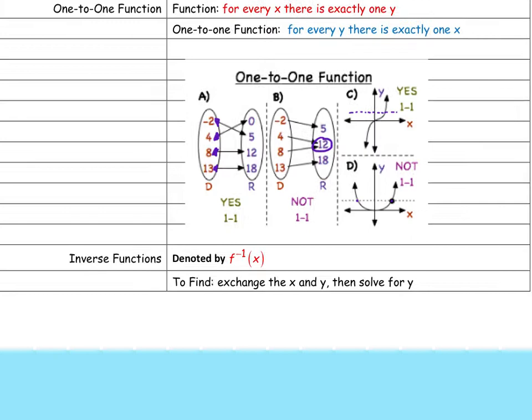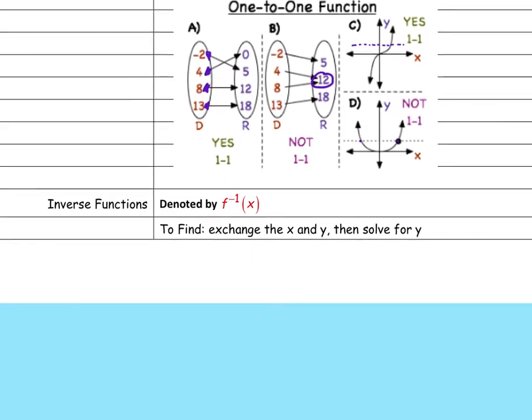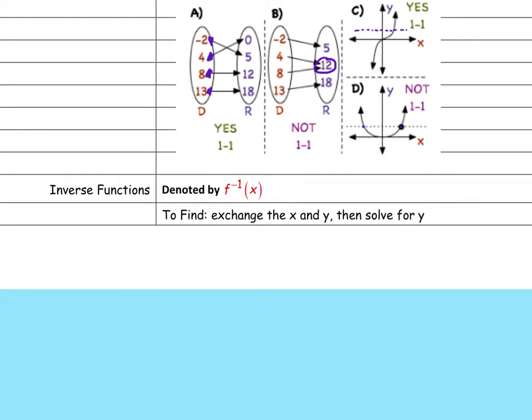So inverse function is denoted by f to the exponent of -1 of x. It says f inverse of x. And how do I find an inverse? Algebraically, it's super easy. I take my x and my y and I switch them, and then I solve for x. If I have a table, all I'm going to do is take my x and y values and switch them.